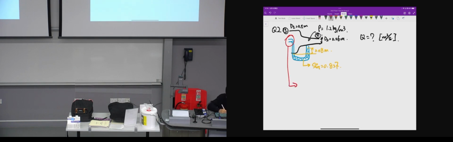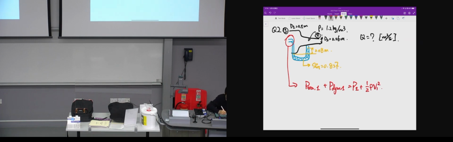So this means we have P static at 1 plus P dynamic at 1. This gives us P1 plus half rho V1 squared.